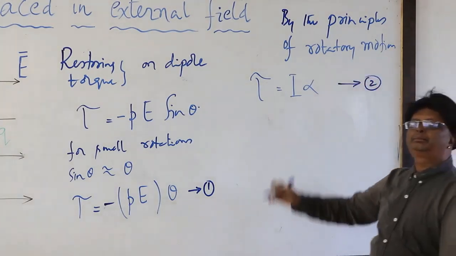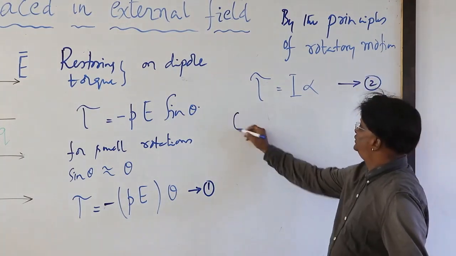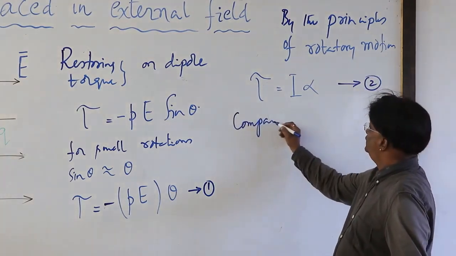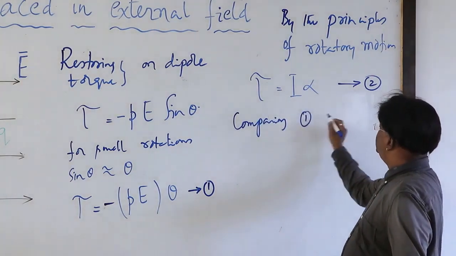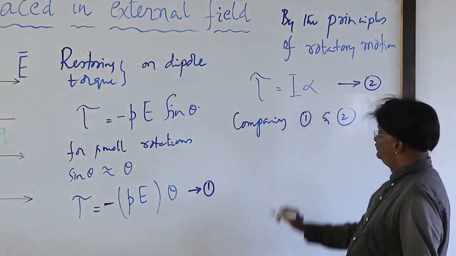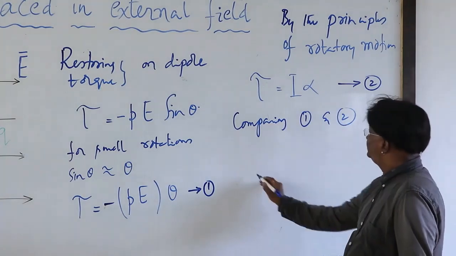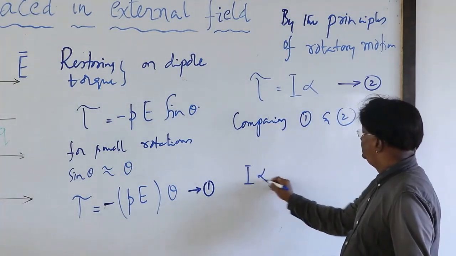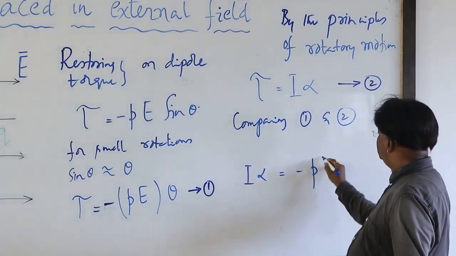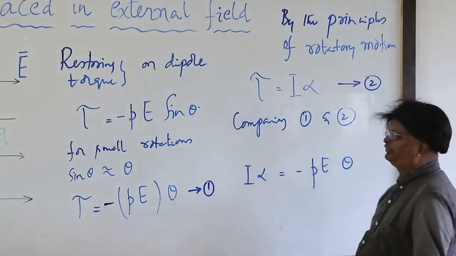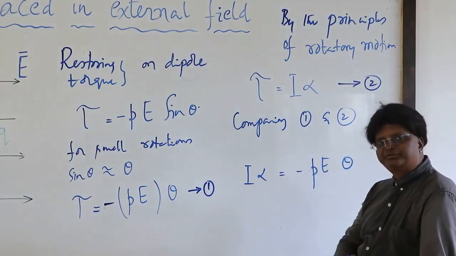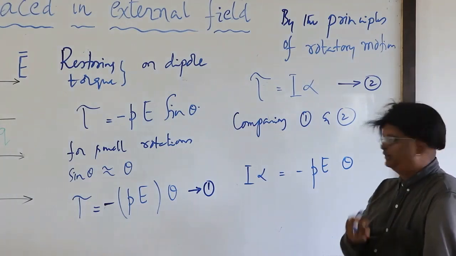So now I will compare equations 1 and 2, right? Comparing equations 1 and 2, you will see that I alpha is equal to minus PE times theta. A small rearrangement and making use of one principle.